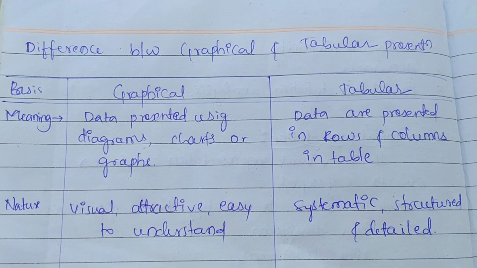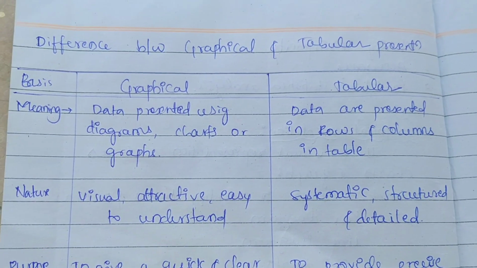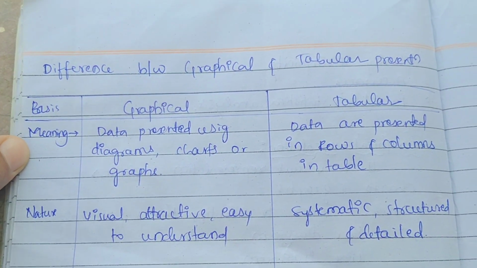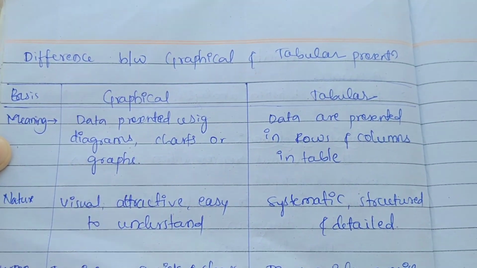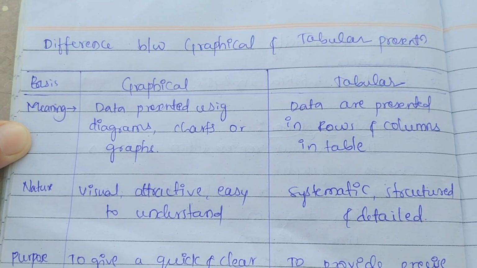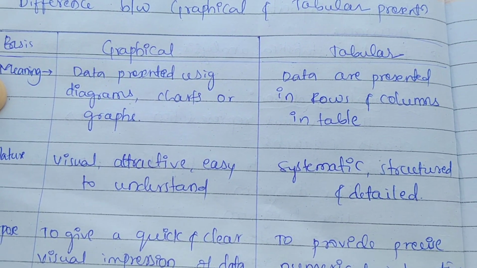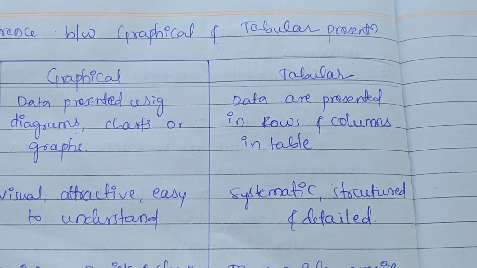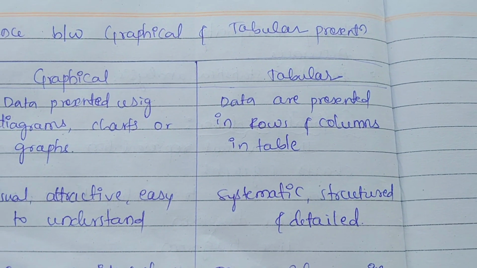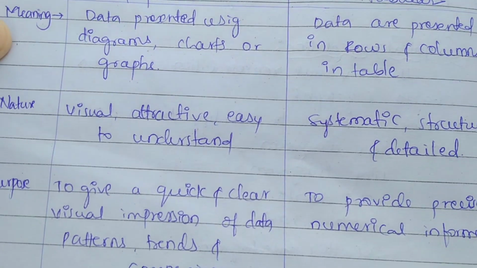Next we'll discuss the difference between graphical and tabular presentation. The basic meaning of graphical presentation is data presented using diagrams, charts, or graphs. In tabular presentation, data are presented in rows and columns in the form of tables.